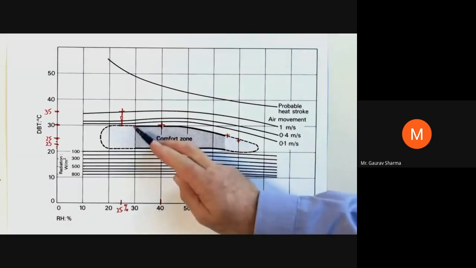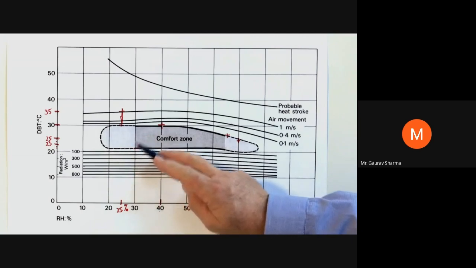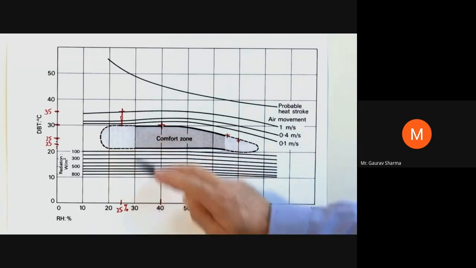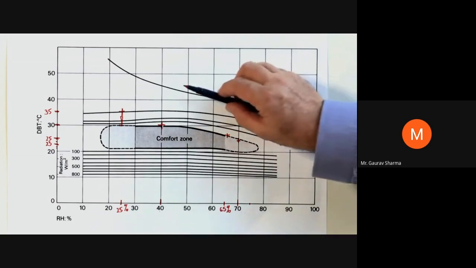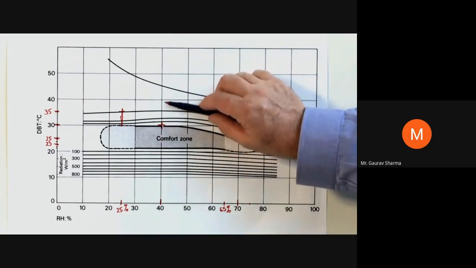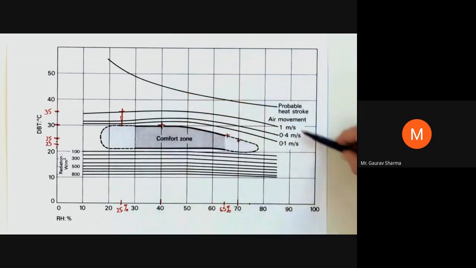The trouble is here we are again in this dash dash dash line, which is borderline for human comfort. The beauty of the bioclimatic chart is we can see how we can use air movement to pull the temperature down.